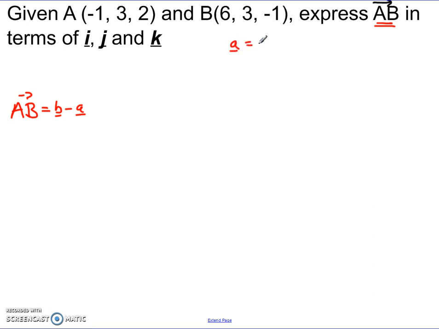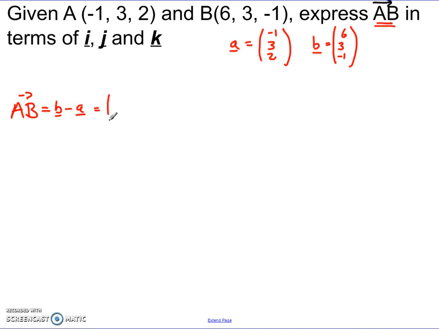So my a vector is -1, 3, 2, and my b vector is just 6, 3, -1. Remember, these vectors are the relationship between the point here and the origin, so the journey from the origin to that point, and it's just essentially given by the coordinate written as a column vector.